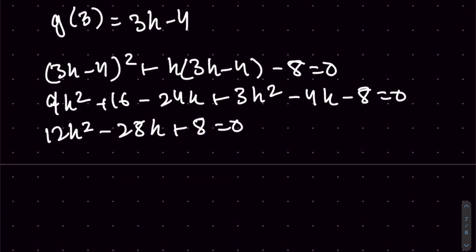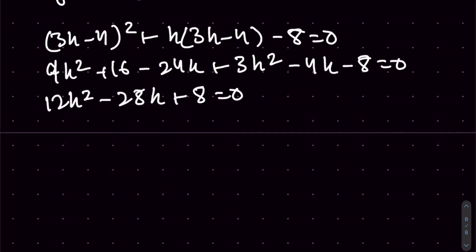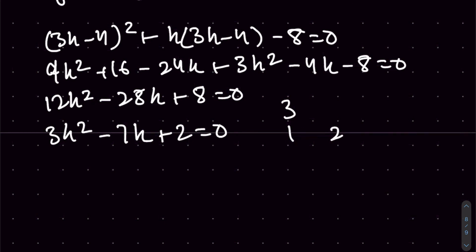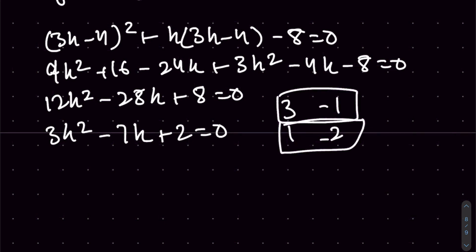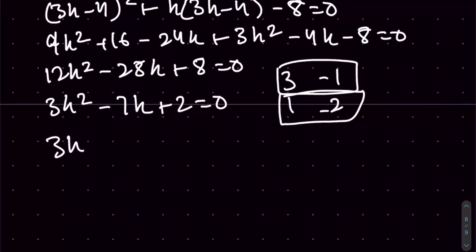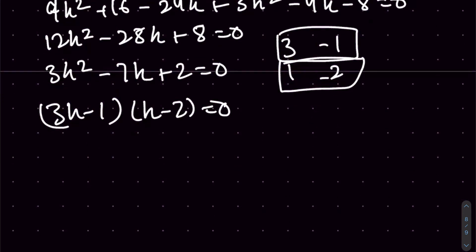Now factorizing 4 and dividing by 4, we would get 3k squared minus 7k plus 2, that's equal to 0. Now factorizing this, just a simple quadratic. This is one factor, this is another factor. 3k minus 1, k minus 2, that's equal to 0. Solving for k, we get 1 on 3 and 2.